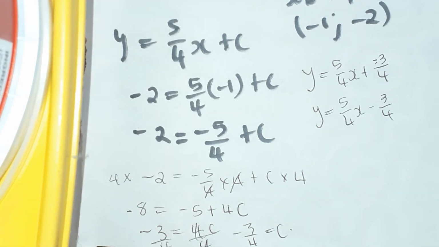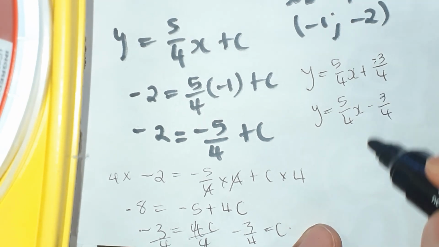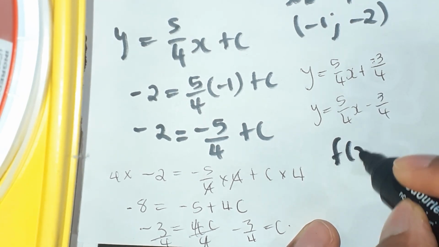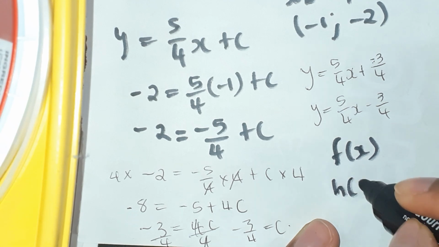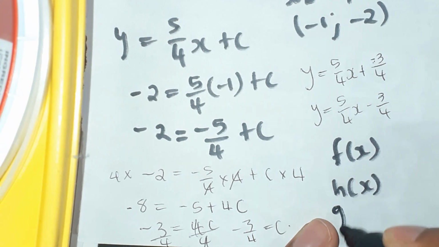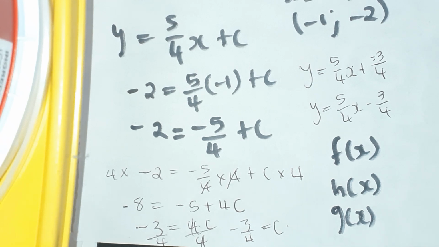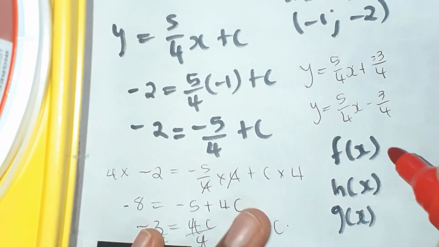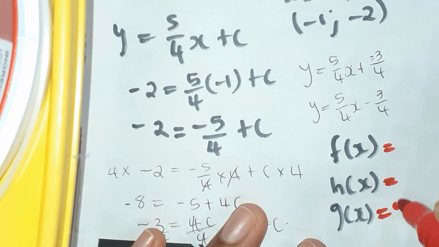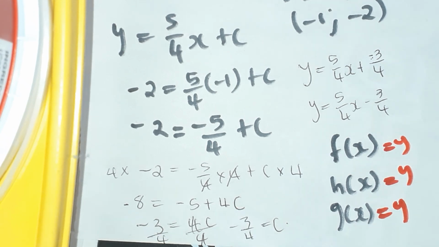Okay, one thing you have to know, maybe you're in grade 10, grade 11, or grade 12 and you don't know this. When you have f of x, h of x, or g of x, or anything that the examiner might decide to use, these things are y. You see f of x, it's y.